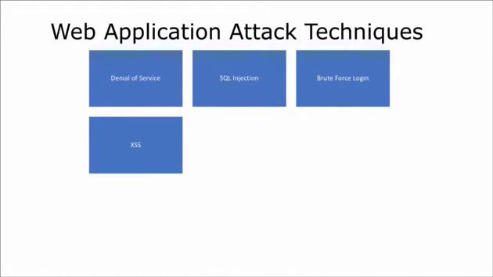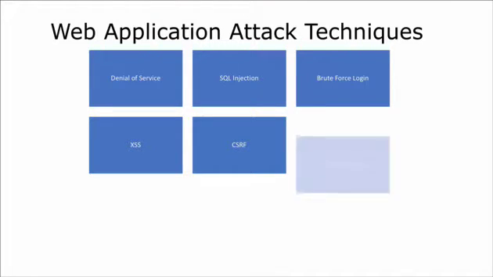Then there's cross-site scripting, which we've also discussed in the previous slide, and that is a user attack where you're using malicious scripts to redirect users to another malicious site or to steal their cookie or whatever it is. Cross-site request forgery we've also covered, and it's pretty similar to cross-site scripting except that it is a server-side attack.